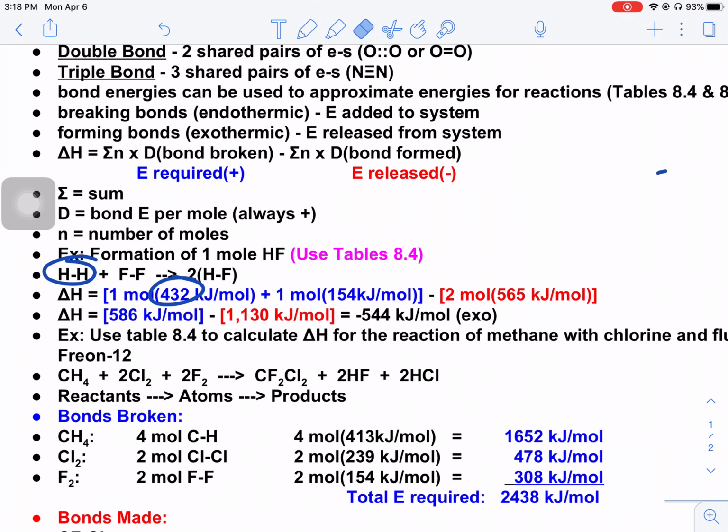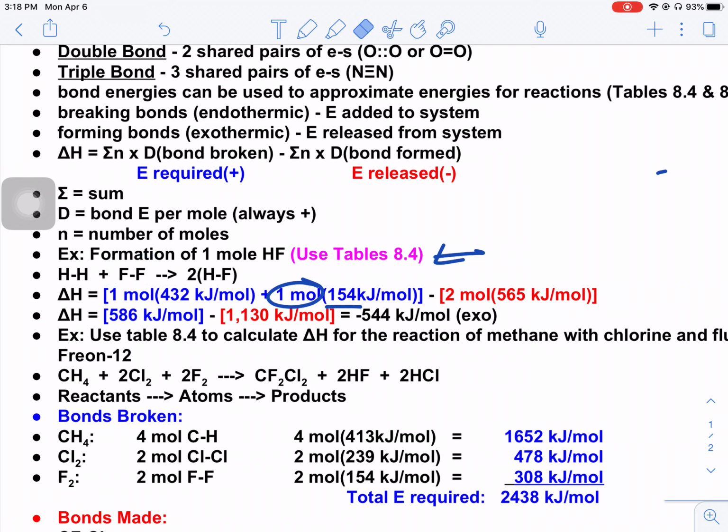I got that number 432 from table 8.4, okay? When you do the assignment today, I'm going to put the values in there, okay? If you want to break all the bonds in 1 mole of fluorine, it's going to take 154 kilojoules.